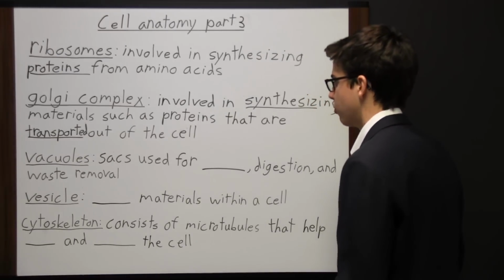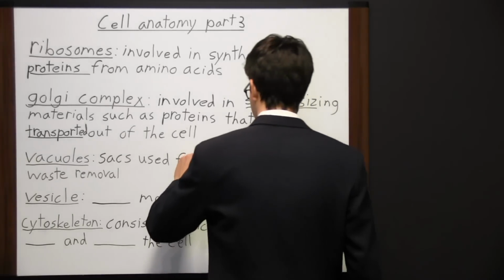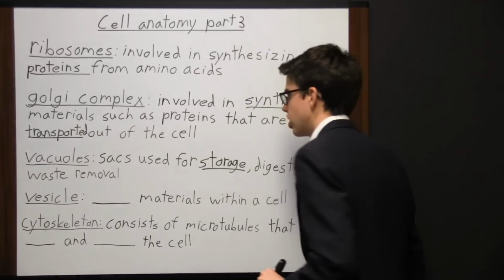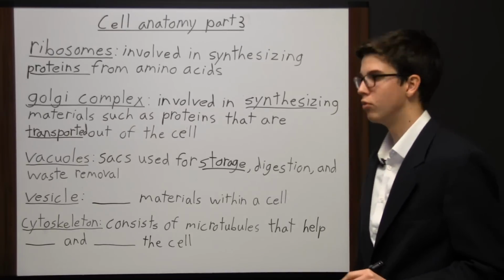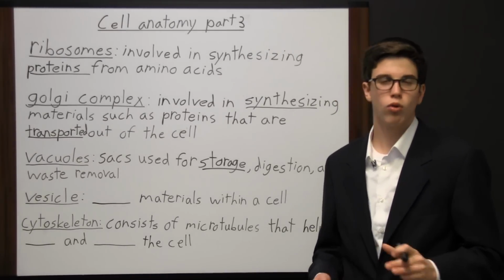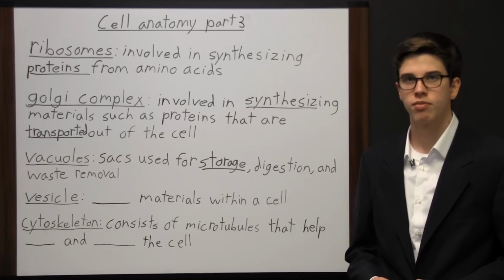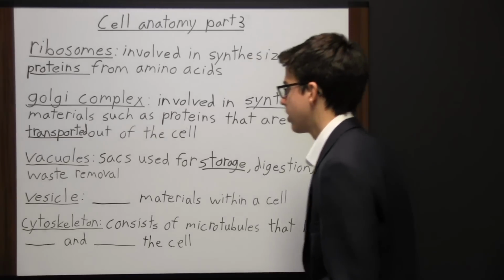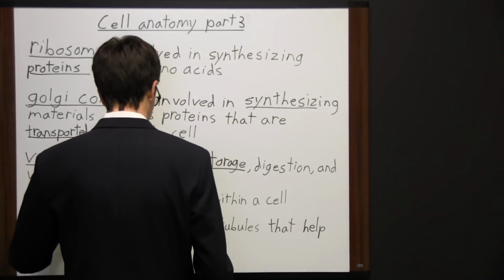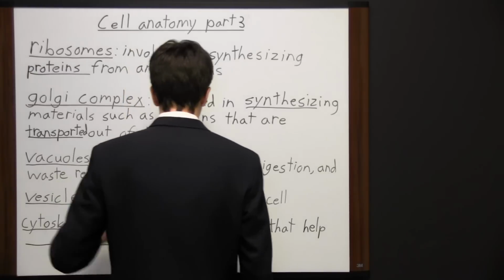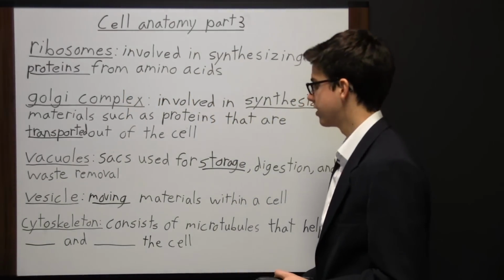And then we have vacuoles, which are basically sacs used for things like storage, digestion, and waste removal. And then we have vesicles, which are small organelles within a cell. They have a membrane and perform varying functions, such as moving materials within a cell.